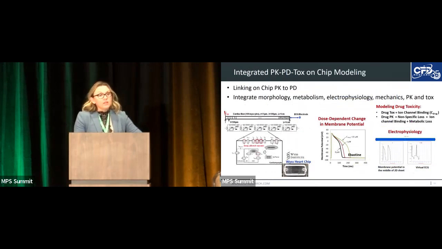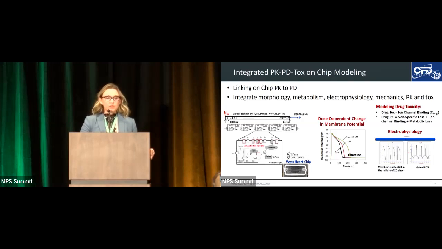So the next step after we've got our chips, we've got our outside pieces, we've done all the PK modeling, we also like to link these to some additional types of modeling like PD modeling as well as tox modeling. We've done various efforts in looking at this. This is an older collaboration with Weiss, looking at the heart chip, where we can see dose-dependent changes in the membrane potential.